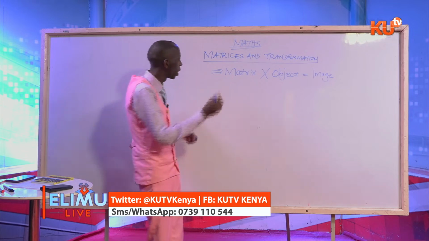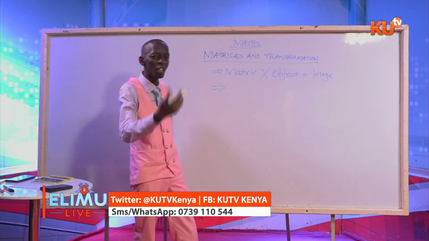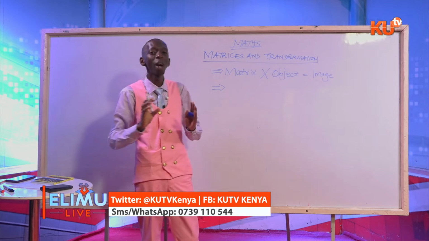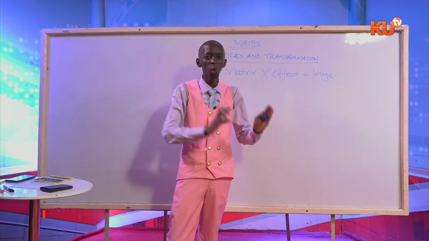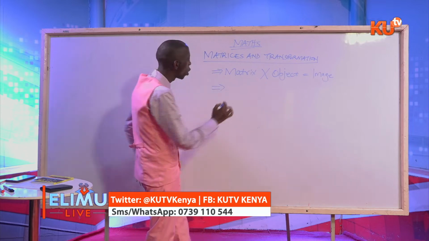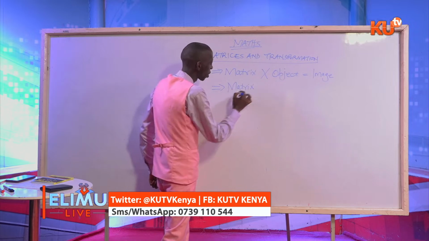This is another important concept. If you are given the coordinates of the image and a matrix to get the coordinates of the object, we don't use the matrix. We use the matrix inverse.